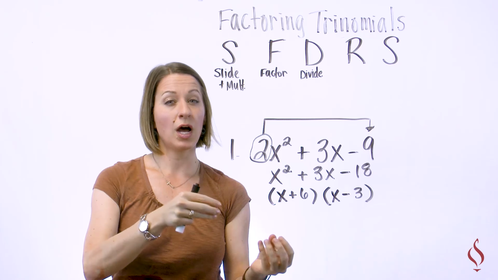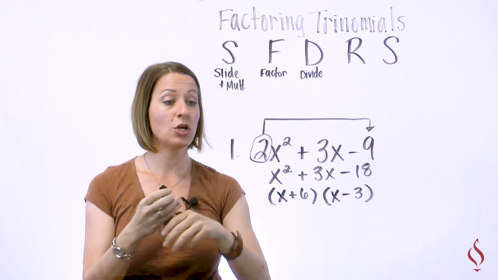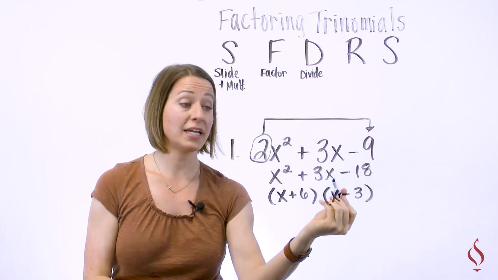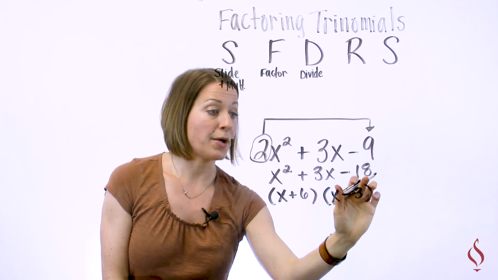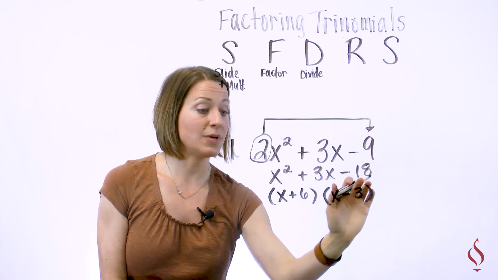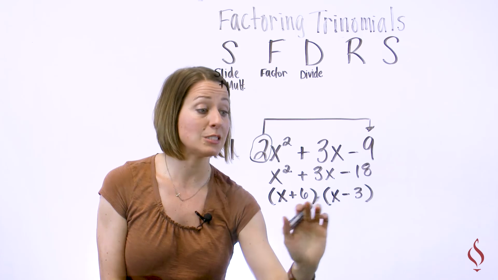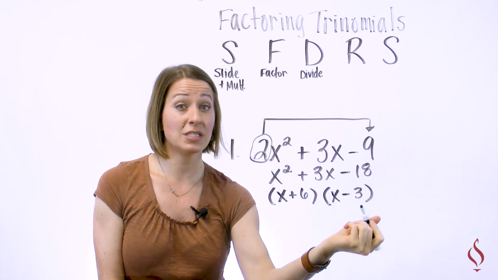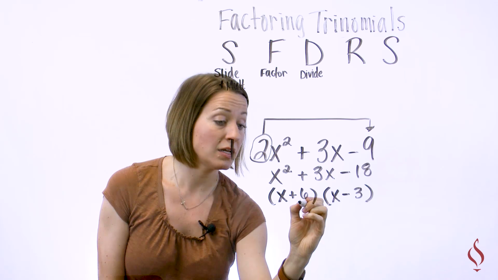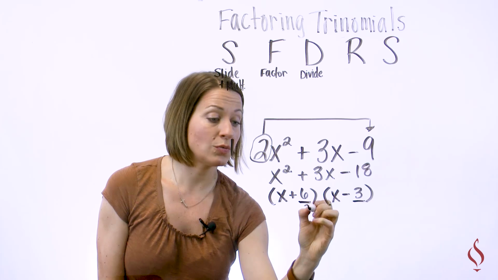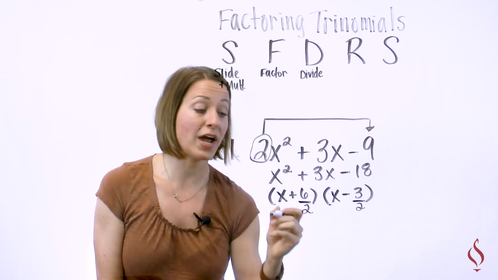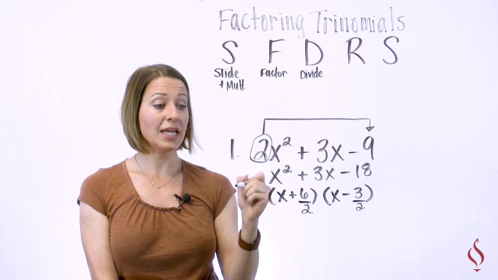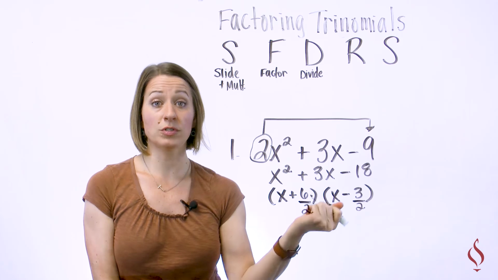And so to undo that multiplication, we are going to divide by 2. We're going to divide this 18 by 2, but now the 18 has been split into the 3 and the 6. So we are going to divide both of these by 2, and really it's just a matter of putting a fraction bar and 2 underneath those 2 numbers.